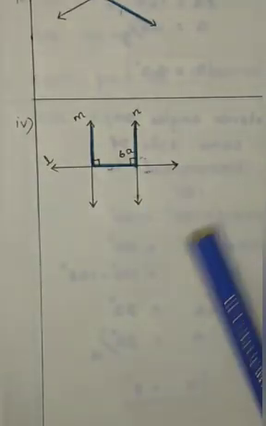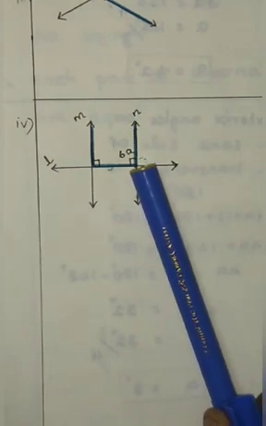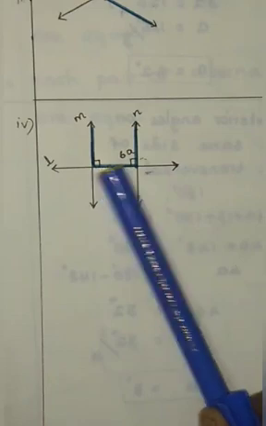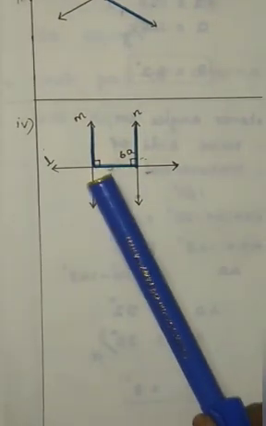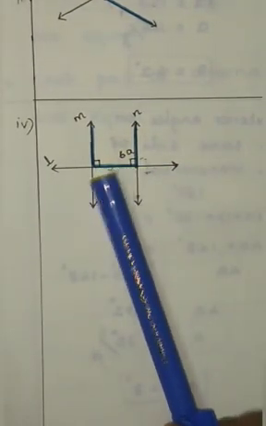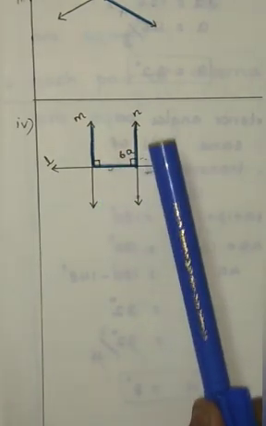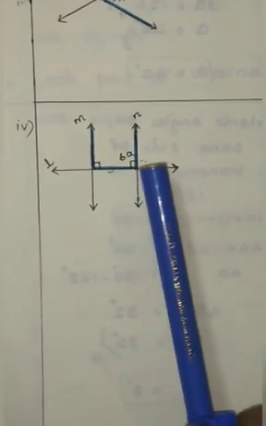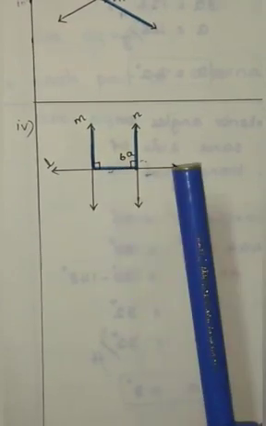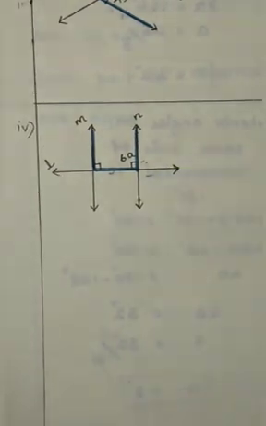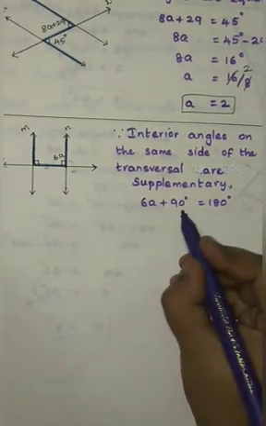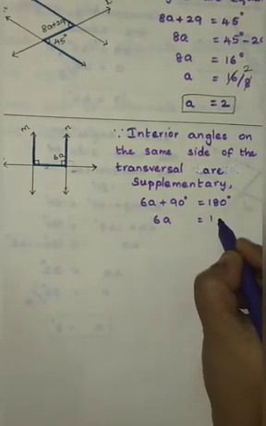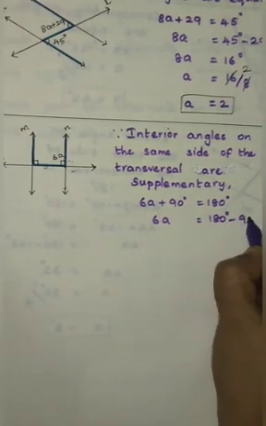Fourth subdivision. Here in this problem only one angle is given, but we know that these two angles are right angles and these two angles are interior angles formed on the same side of the transversal. So when you add these two angles, that is 6A plus 90 degrees is equal to 180 degrees. Take this 90 degrees to the other side. So 6A is equal to 180 degrees minus 90 degrees.